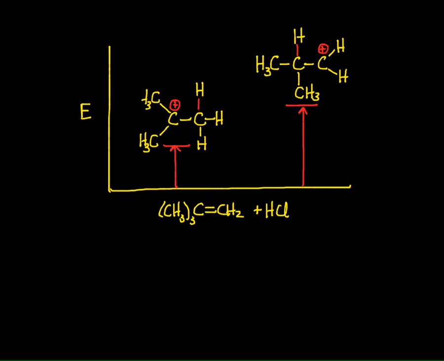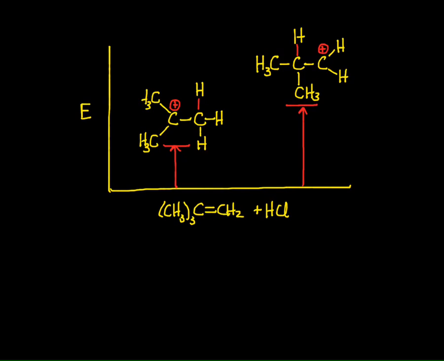And therefore, the tertiary carbocation is going to form more readily than the primary carbocation. Hence the regioselectivity, because as soon as the carbocation forms, remember, very rapidly the chloride is going to undergo an addition reaction. And so this is the key to understanding that regioselectivity.